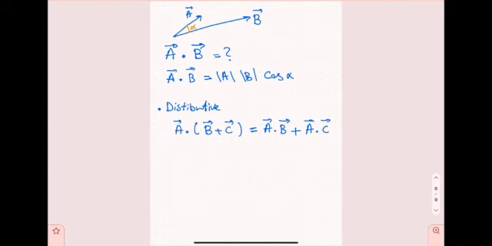Another property of the dot product is that it is associative.